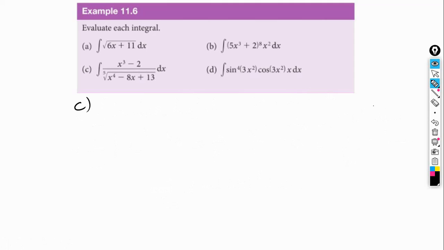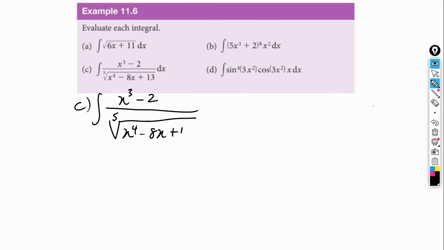So for letter C, we have the integration of x cubed minus 2 over the cubic root. Is it the cubic? No, it's the fifth root. So it's the fifth root of x to the 4 minus 8x plus 13 dx. So here, always pick u.